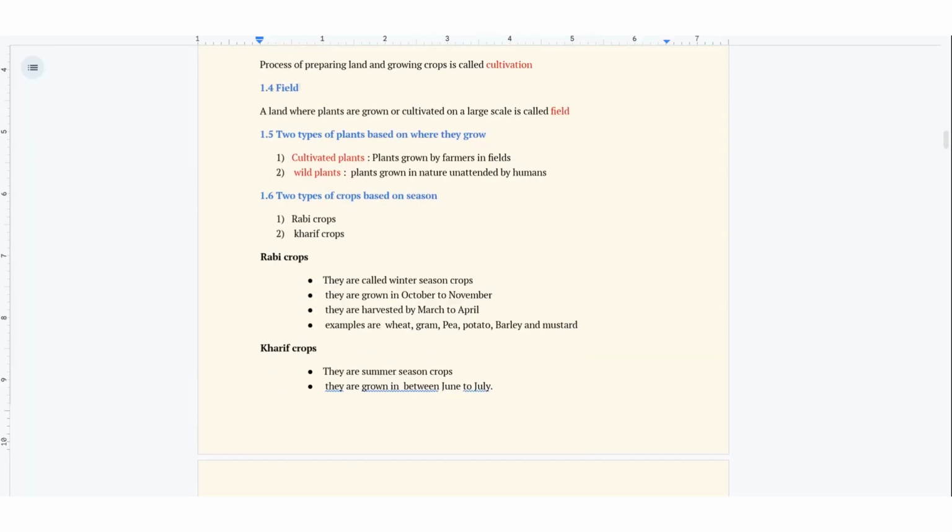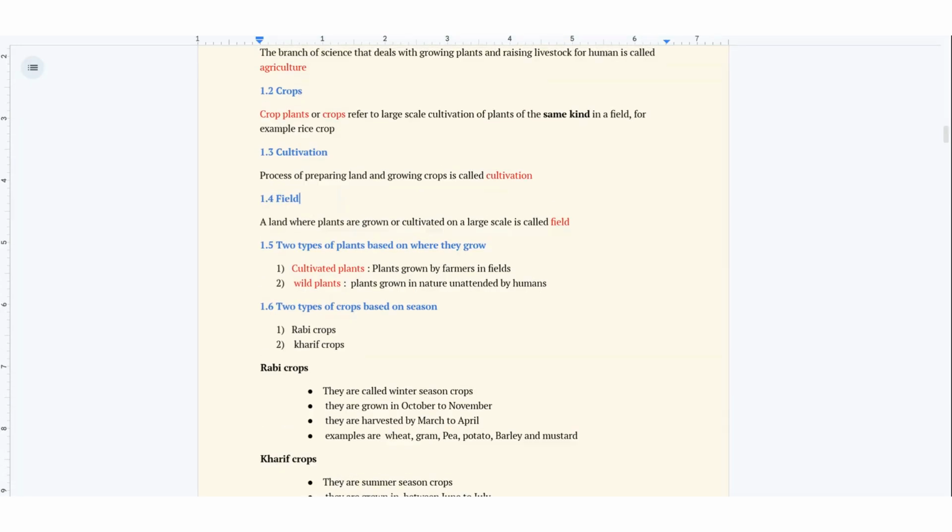Now, where do we grow those? So we grow those in a field. So normally we'll call a land, patch of land, but field is something meant for agriculture. Field is also meant for cultivation.